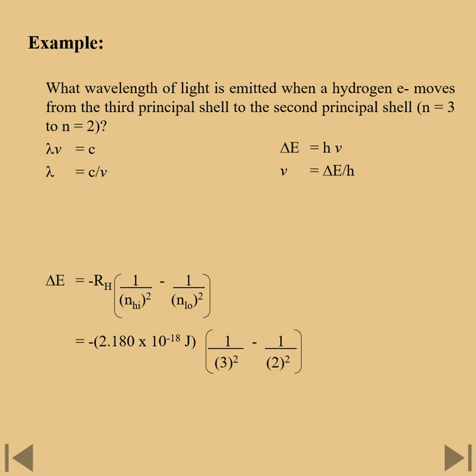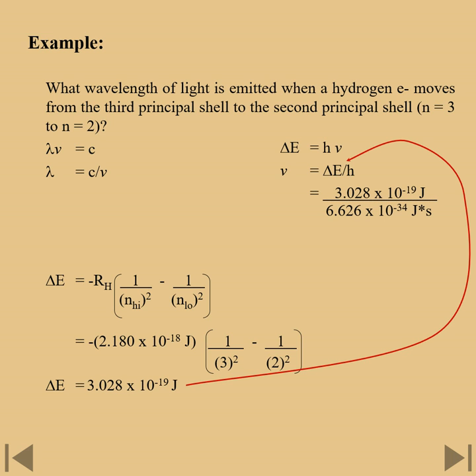Now do note 1 over 9 minus 1 over 4 gives us a negative number, so that when we multiply that by the negative 2.180 times 10 to the negative 18 joules, we get a positive energy. If you had a negative energy at this point, you would come up with a negative wavelength. Now there is such a thing as negative energy, but we'll talk about that another time. But there is no such thing as a negative wavelength.